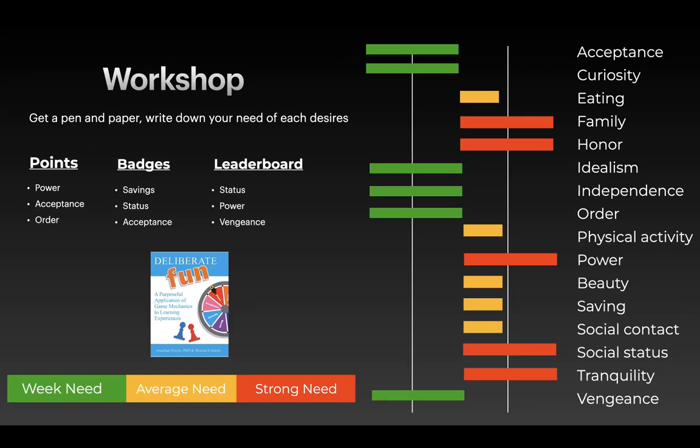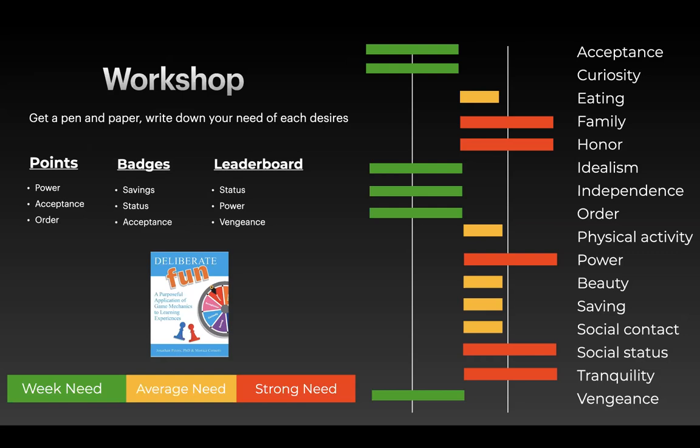For example, the yellow one is average need. If you go to the right side, that's a strong need. But if you go to the negative side, you can use green, and it means a weak need. You don't need those.